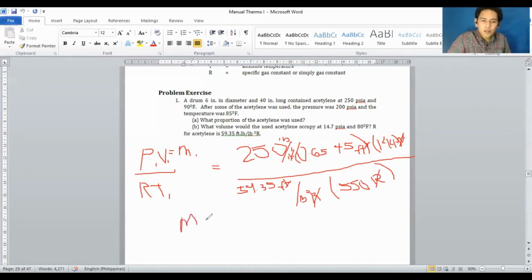Your mass 1 equals, simplifying, 250 times 0.6545 times 144 all over 59.35 times 550.